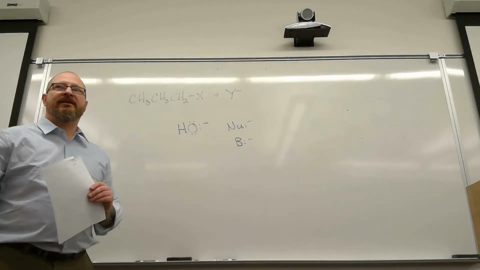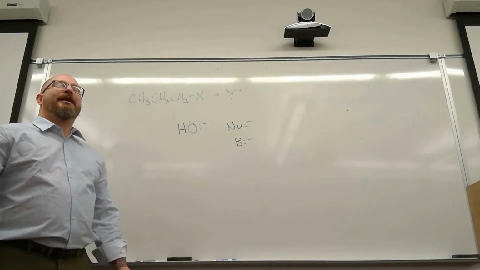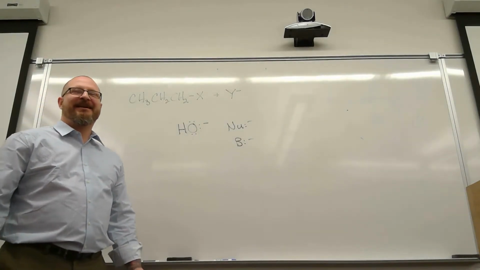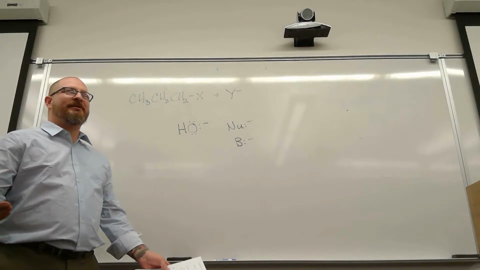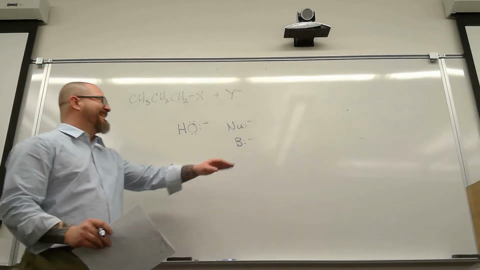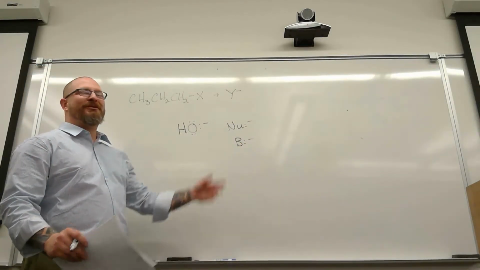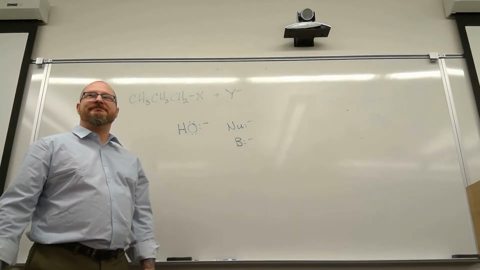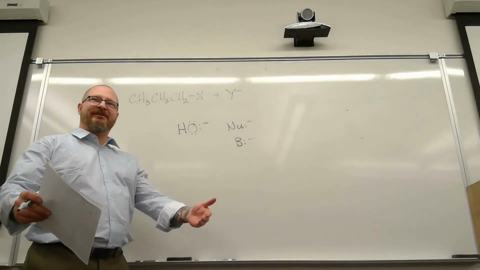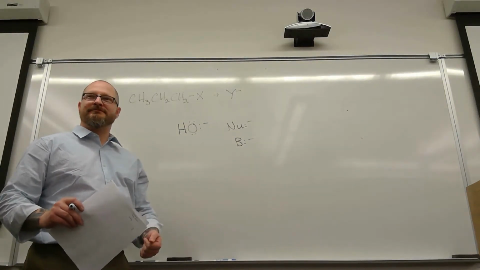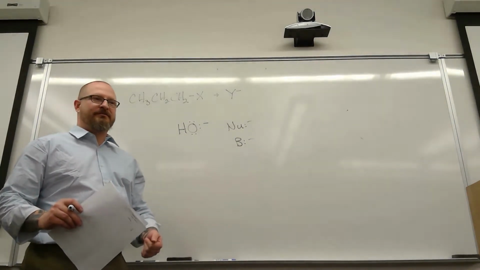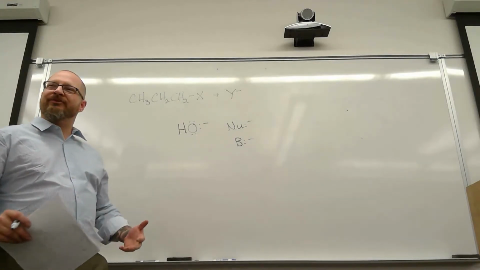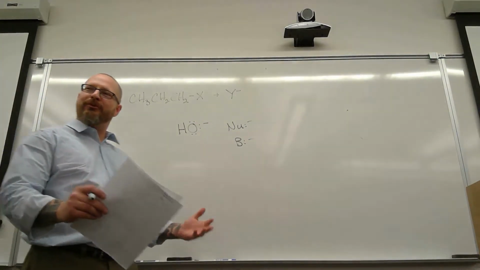What's the difference between an acid and a base? Still a fair question, not topically relevant. What's the difference between a nucleophile and a base? What's a base like to do? A base accepts a proton. Yes. A base accepts a proton because it likes to give its electrons to that proton.